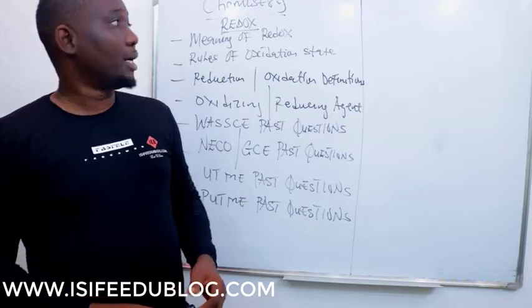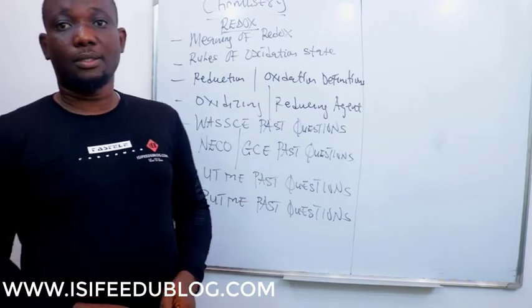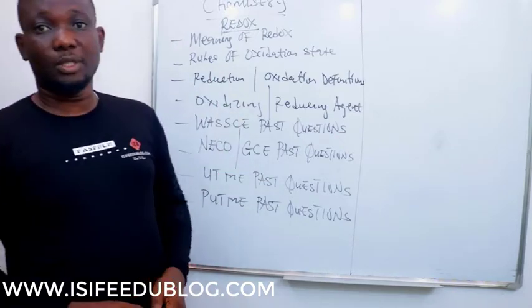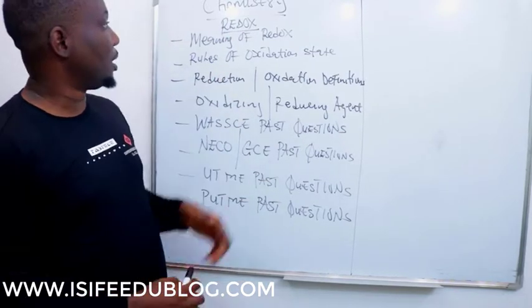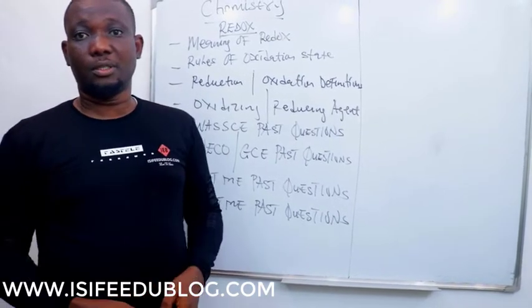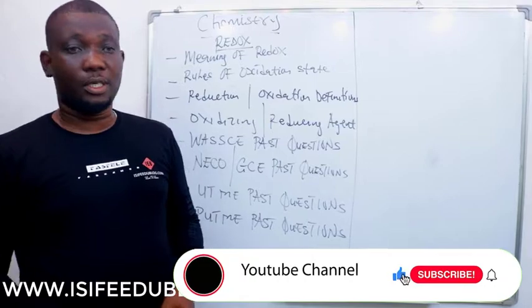And we are going to be looking at redox reactions under these objectives of the lesson. We have the meaning of redox, that is the definition of redox or reduction-oxidation reaction.